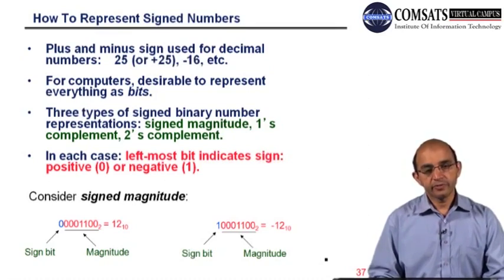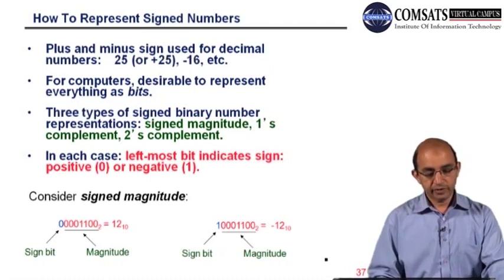On a piece of paper it's easy to represent, but whenever we talk about the computer system or some circuitry, this is not the case, right? So we need to handle those signed numbers in a different way, right?